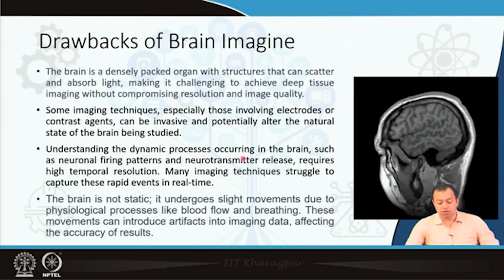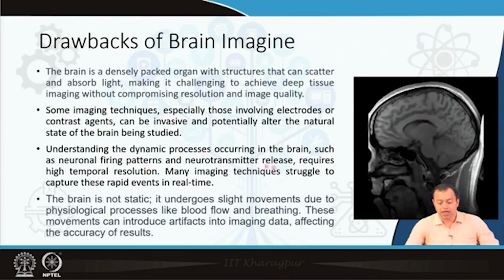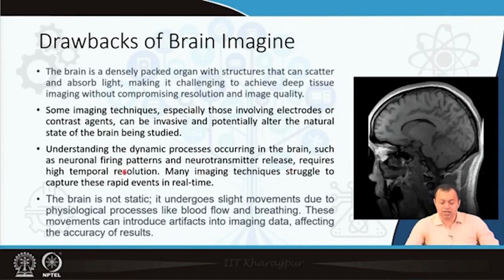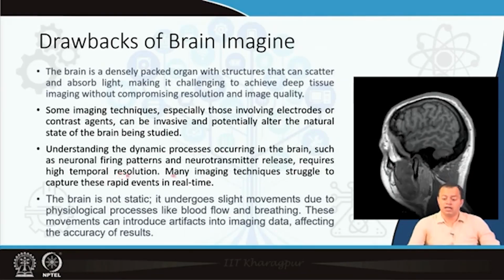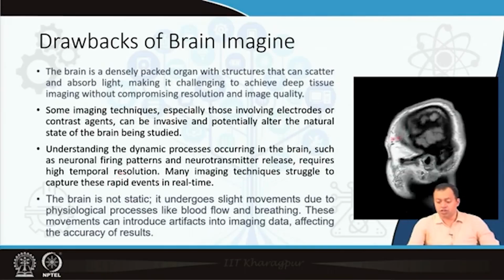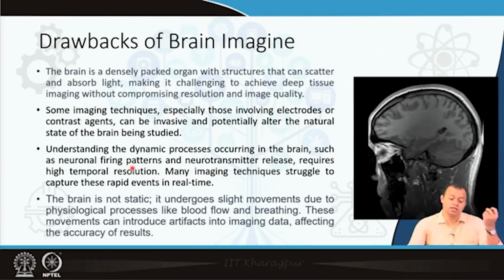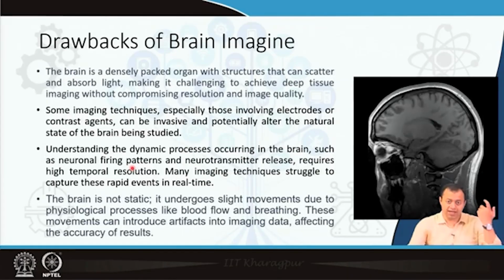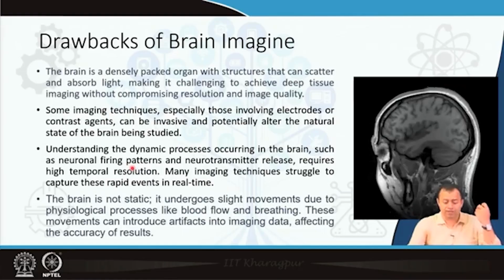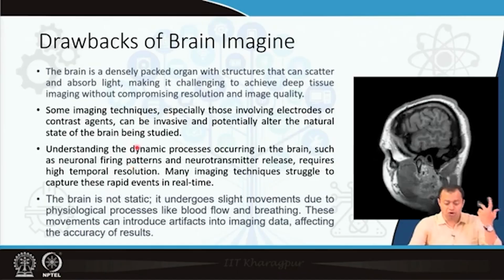Understanding the dynamic processes occurring in the brain, such as neuronal firing patterns and neurotransmitter release, requires high temporal resolution, which is difficult for run-of-the-mill techniques like MRI, magnetic resonance imaging, or CT scan. You will not get cellular level information and each neuron firing with MRI or CT scan.